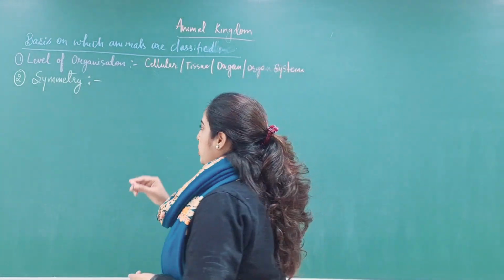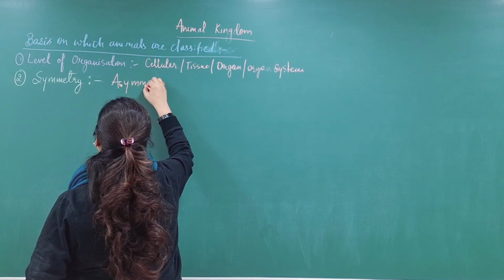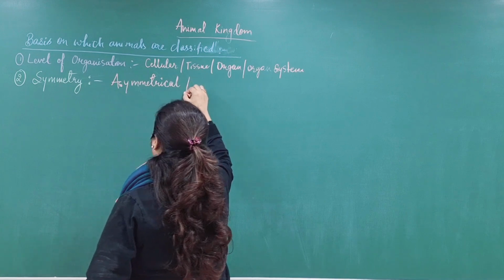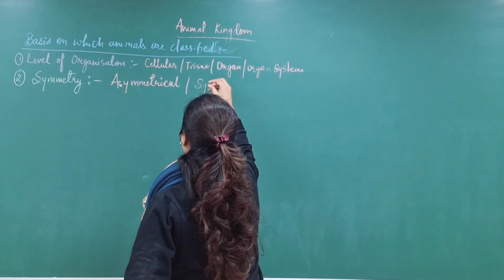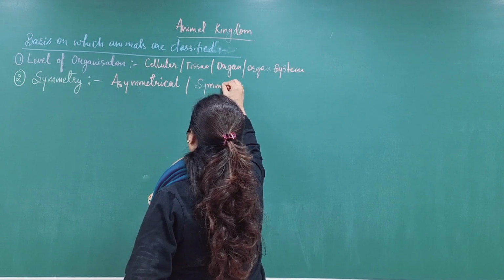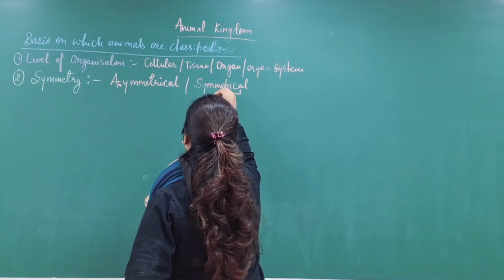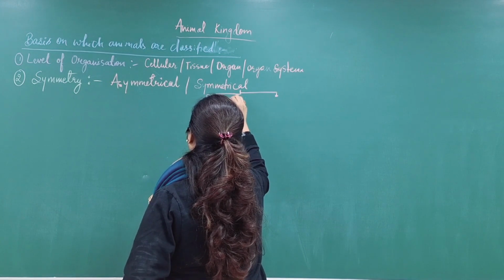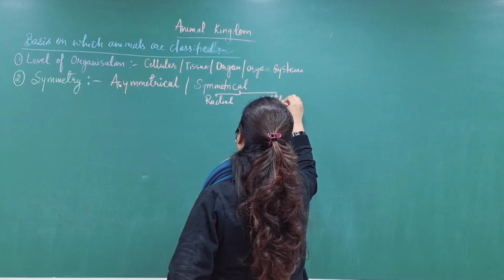But it is not necessary that all organisms are symmetrical. Some organisms are asymmetrical, meaning they are not symmetrical even in one plane. If they are symmetrical, then it could be radial symmetry, biradial symmetry, or bilateral symmetry.